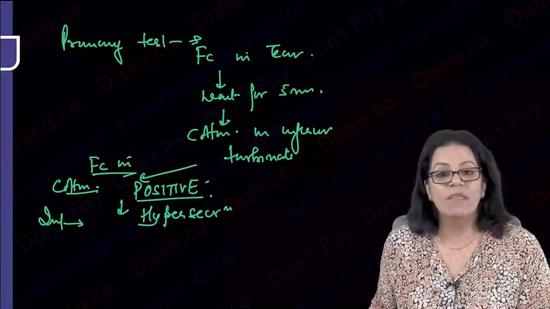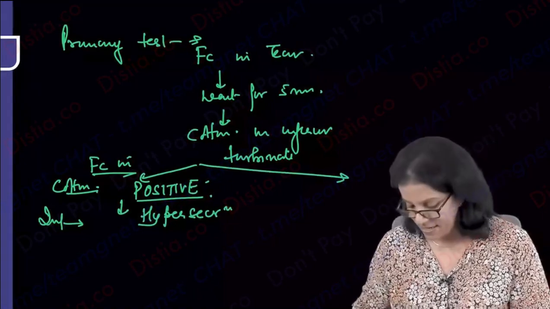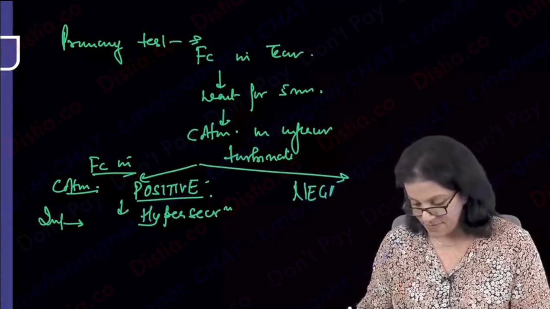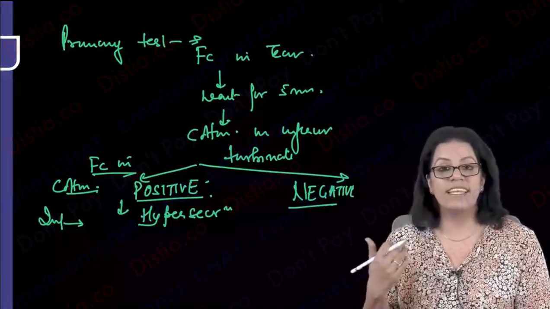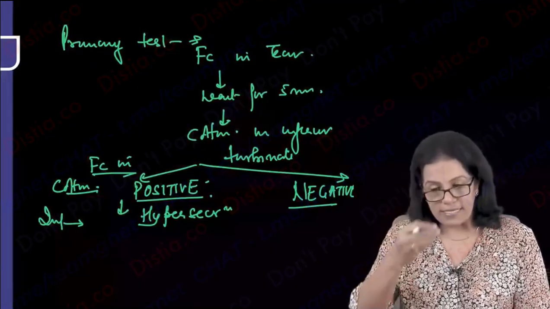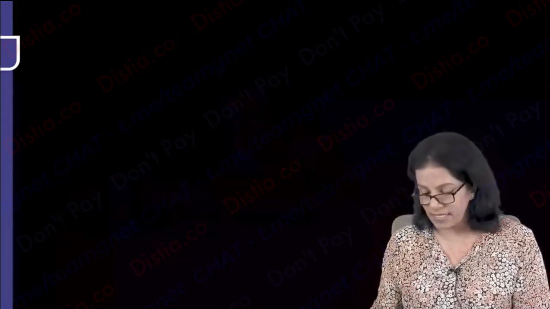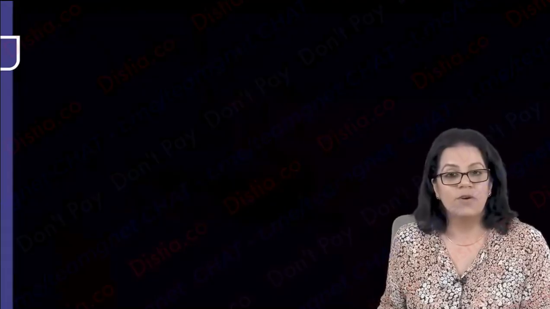Correct? But suppose I did not get any fluorescein. It is negative. First of all, you all should know that false negative is a very high chance in this test, because sometimes fluorescein has passed through the lacrimal drainage system, but it has still not reached the inferior turbinate into the cotton.